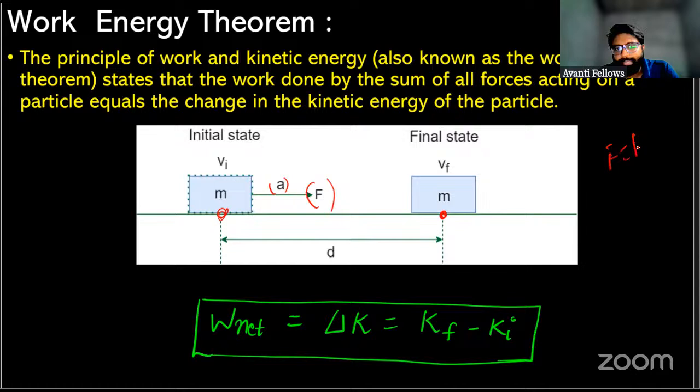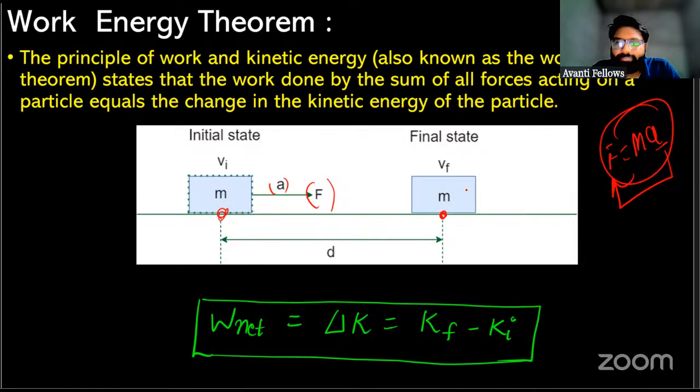F is equal to ma. So if a force is applied and a particle is displaced, it changes the velocity, changes the speed, which means it's changing the kinetic energy of the system. So the work done by each and every force present in the system is equal to the change in kinetic energy of the system. Clear? Now, net work done is equal to delta K, K final minus K initial.